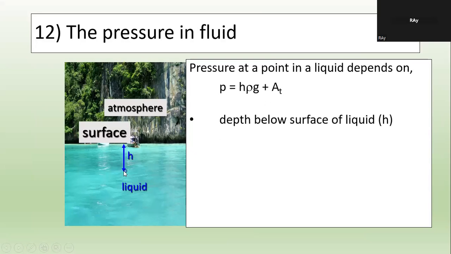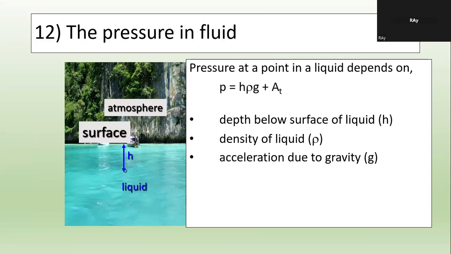H is the depth below the surface, rho is the density of the liquid, g is the acceleration due to gravity, and there is atmospheric pressure. Sometimes people will use P_A or H. So the pressure at a point below the surface of liquid is given by this equation.